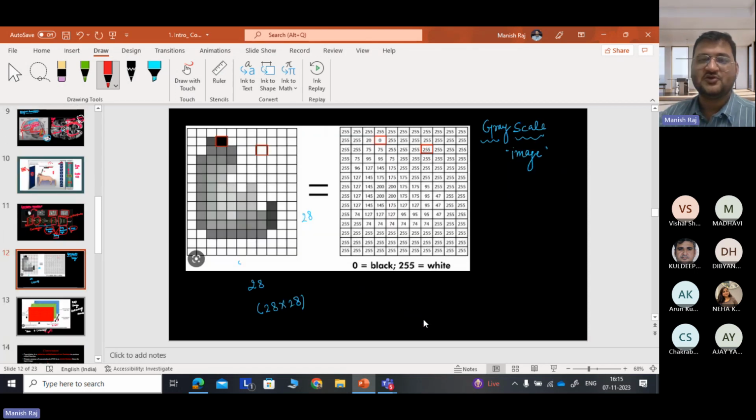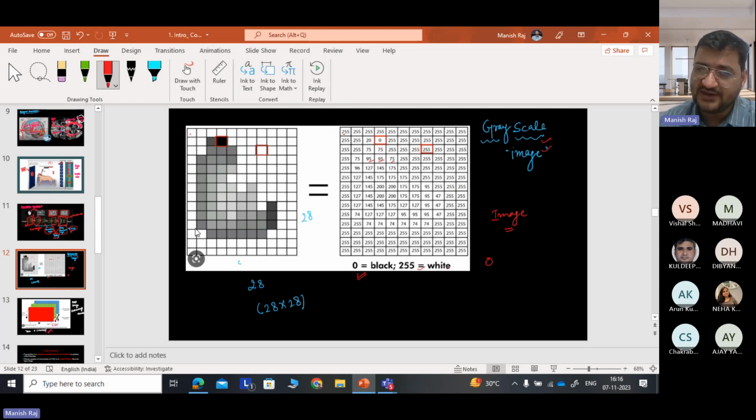Okay, so again I am coming to the images. You already know this part, but I am repeating it. If you get a grayscale image, what is happening? You can put 0 for black and 255 for white, and different values for gray.